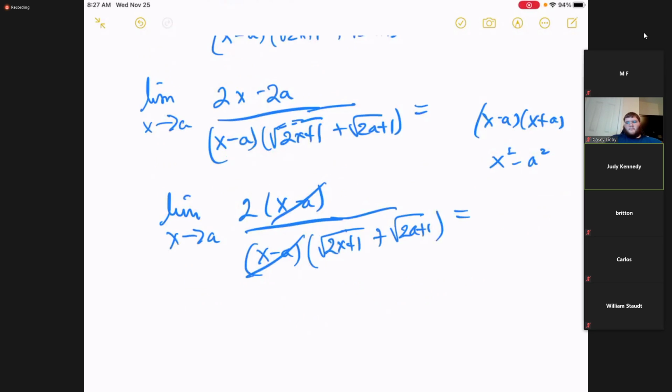They're factors in both the numerator and the denominator, so I can cancel them out. And right here is when the 0 over 0 problem goes away. Now I'm down to a function that is continuous at x equal to a.